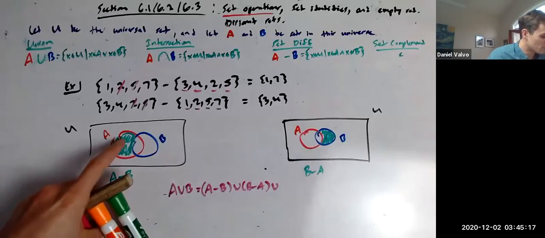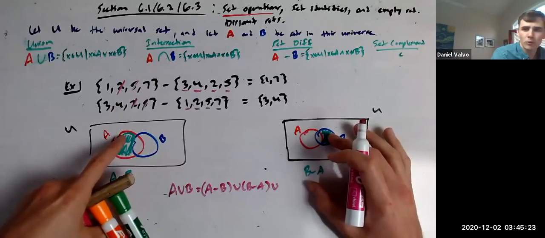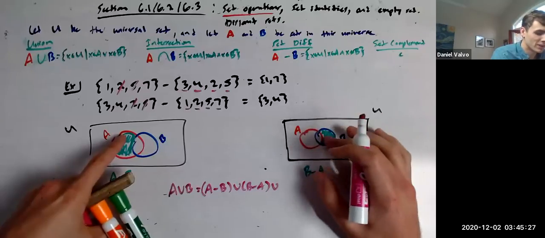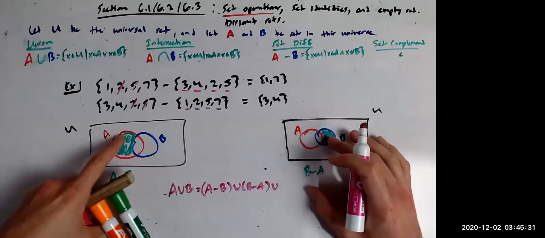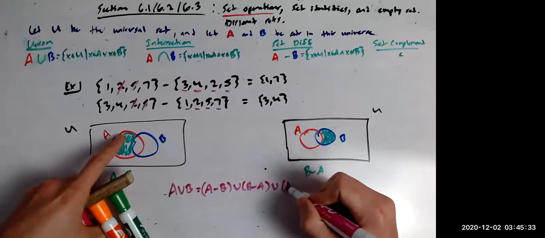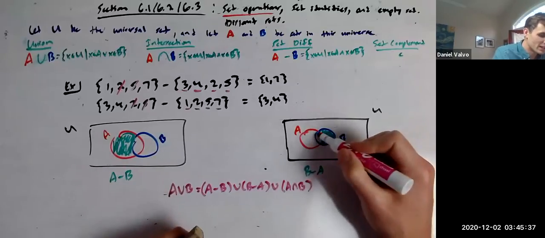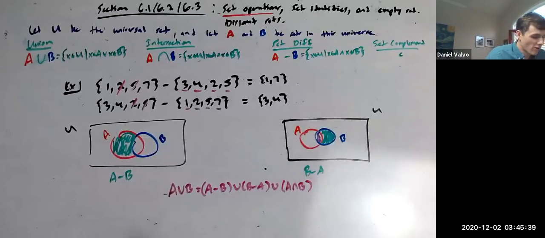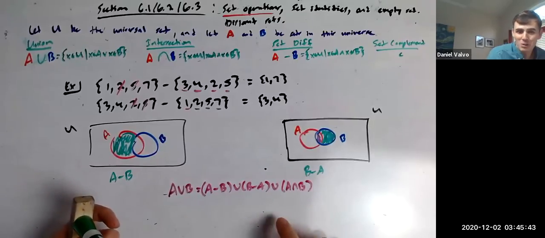This side's A minus B, this side's B minus A. What part did we not reach with these two, of A union B, of everything in these two sets put together? Is it A and B? Exactly, A intersection B. We didn't reach this little part right here. But if you put them all together, we actually get everything. And this is going to come up later.